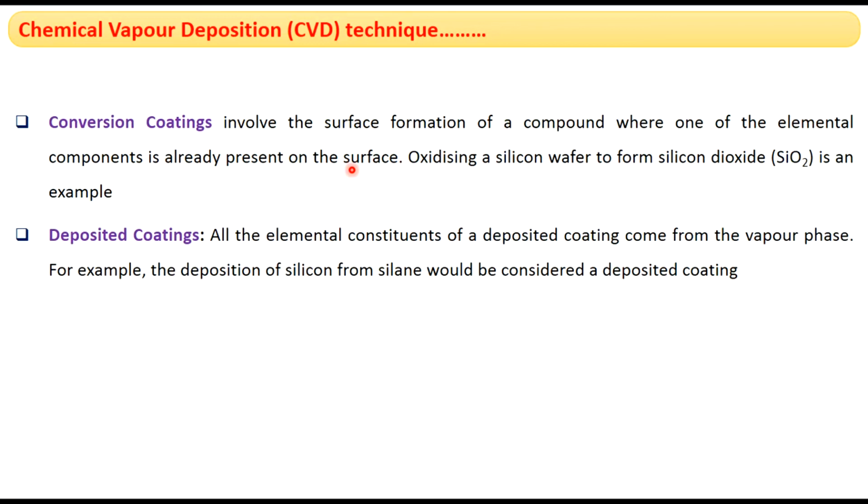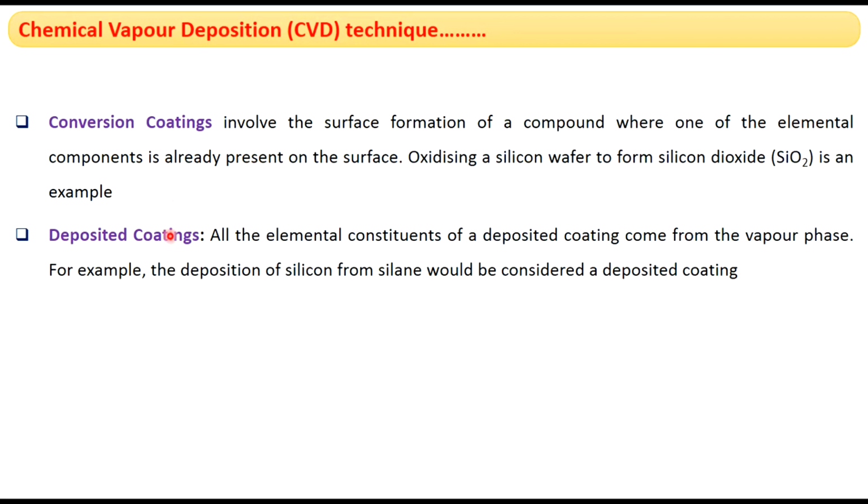Example, we can take silicon wafer oxidation into silicon dioxide. So on the substrate already we have silicon, and during the CVD technique that silicon is oxidized, and so the silicon is transformed into SiO2, silicon dioxide. This is an example for conversion coating as the silicon is converted into silicon dioxide.